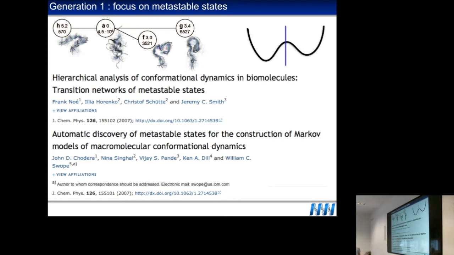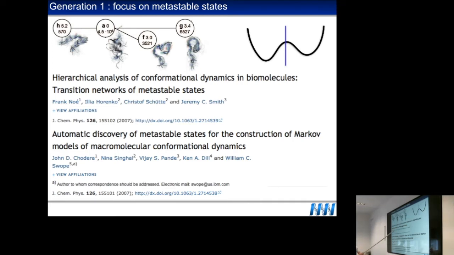And basically, this more or less has been the time when computers started to be fast enough so that you could actually simulate at least small peptides long enough so that you could sample between the different conformations of these peptides.